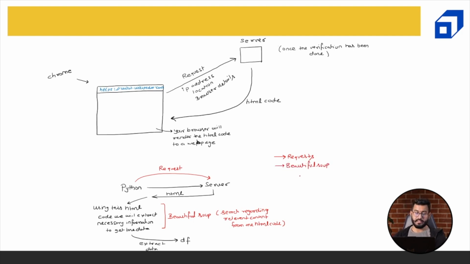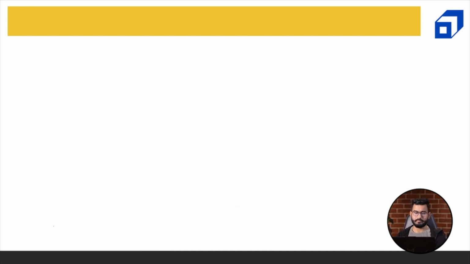Now before we can jump to the Python interface to actually carry out this operation, we need to briefly understand how HTML code looks like. You have to understand the structure. So let's understand the structure of the basic HTML code. Now the HTML code, first of all, HTML stands for hypertext markup language.